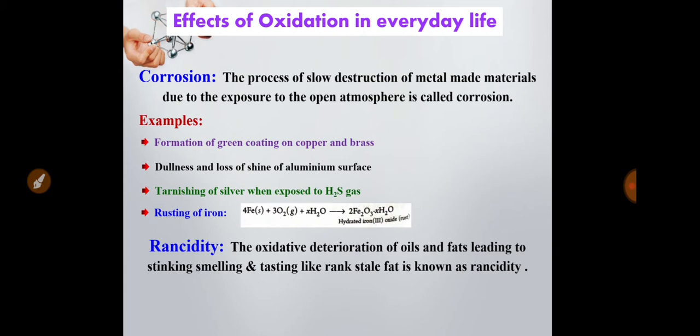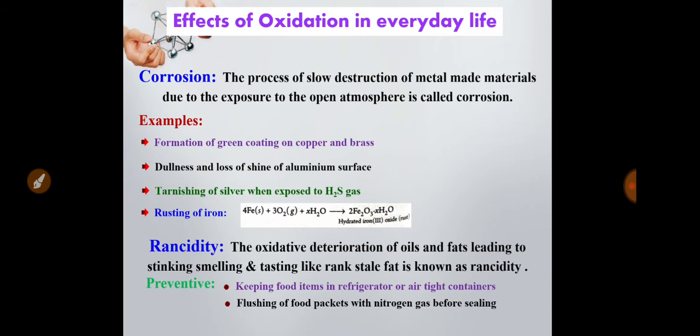So what are the precautions to prevent rancidity? There are some preventive measures for preventing rancidity. The first one is keeping the food items containing oils and fats in a refrigerator or in a tight container.